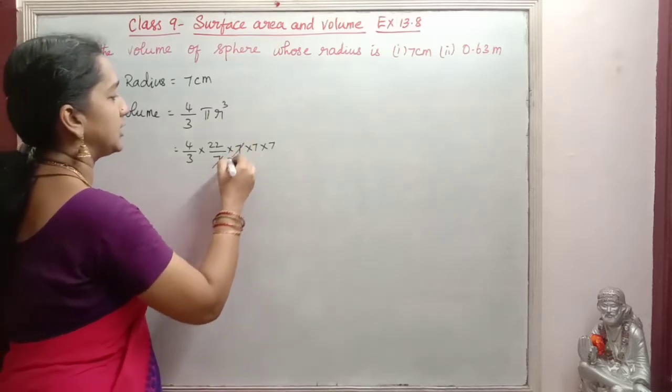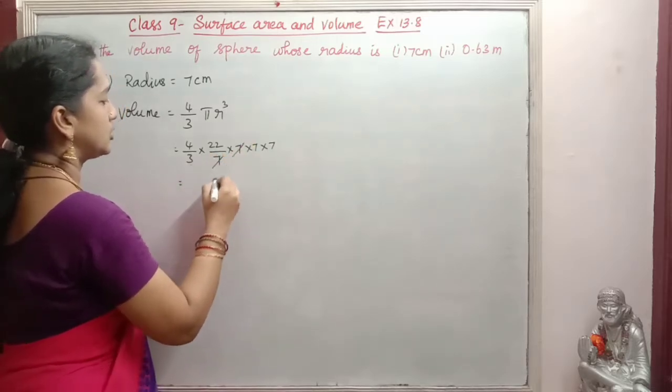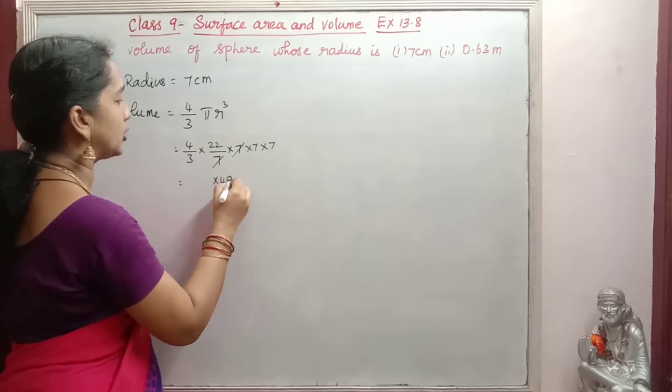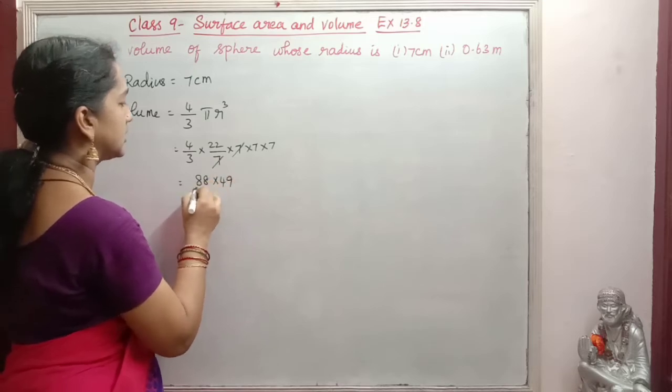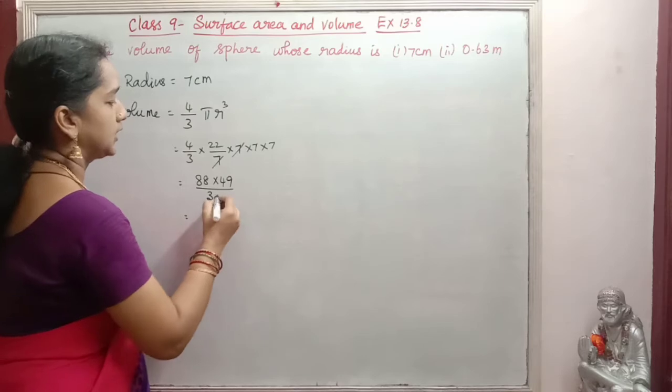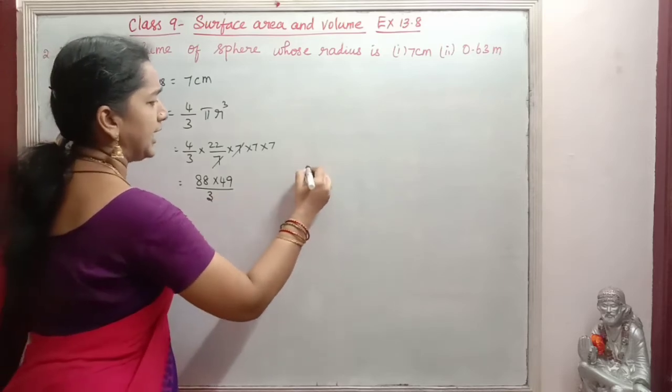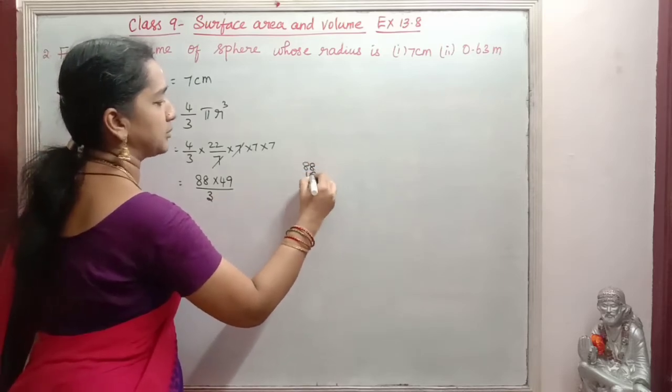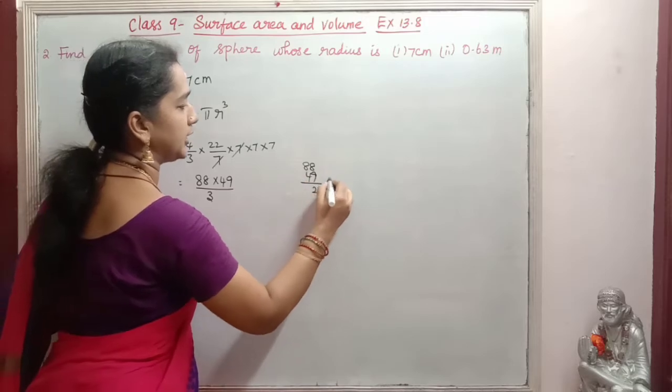So 7 will get cancelled here. 7 7s are 49. 22 into 4 is 88 by 3. So now 88 into 49 divided by 3. So 8 9s are 72.